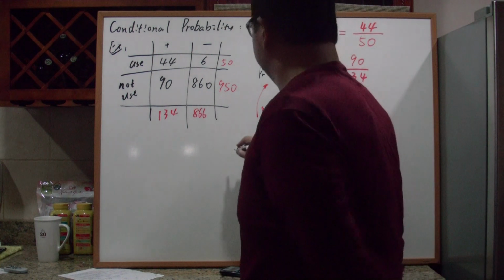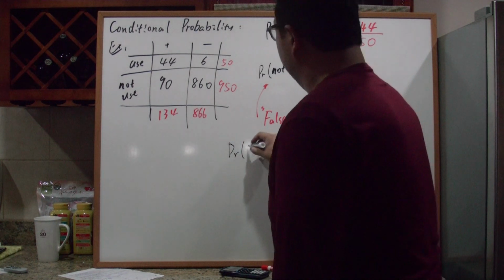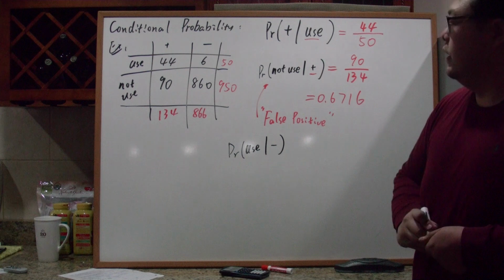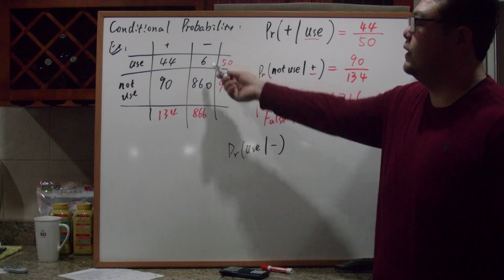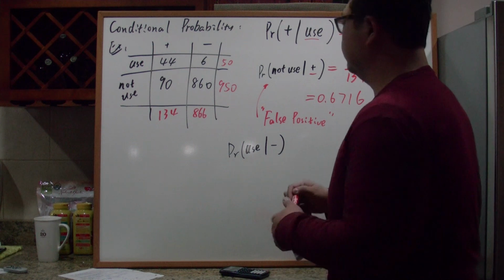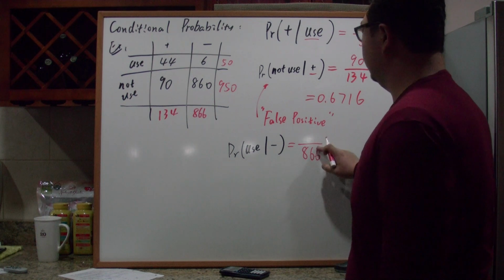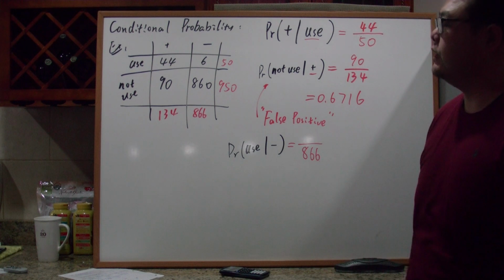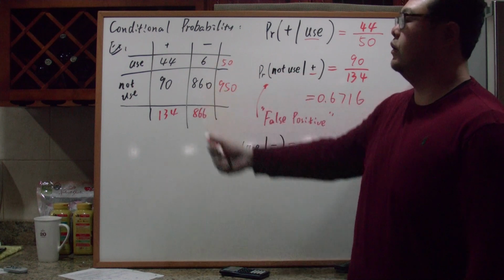And of course, another false way is the case that if the person has a negative test result, but actually we found out they use drugs, that's the false negative. So there are 866 negative test results, including 6 who actually use drugs, and 860 who are not using drugs.